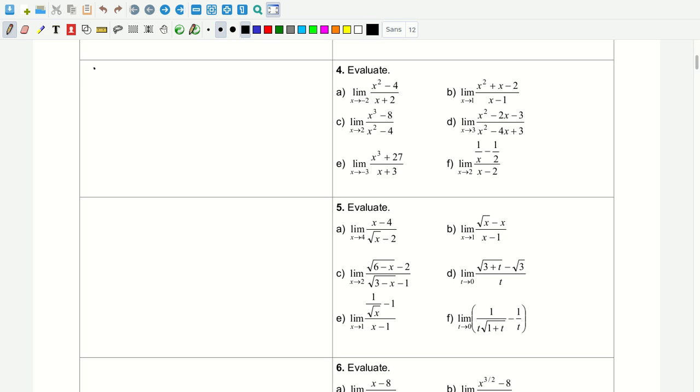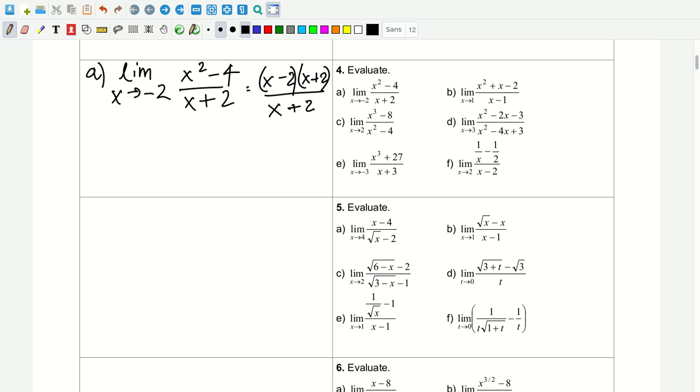I had the limit as x approaches -2 of x squared minus 4 all over x plus 2. This could be factored because it's a difference of squares, so I got x minus 2, x plus 2 all over x plus 2. And then that left me with a cancellation, right?